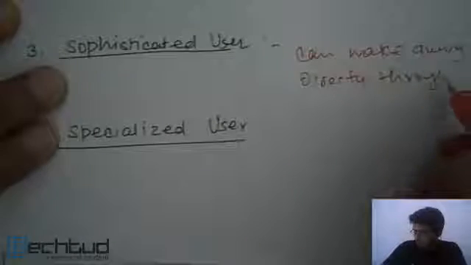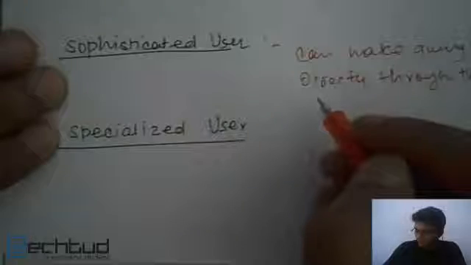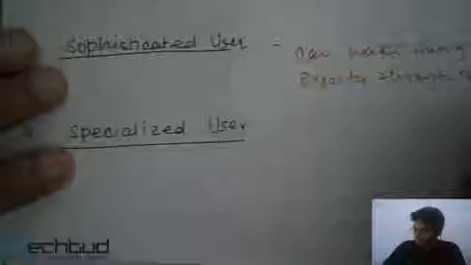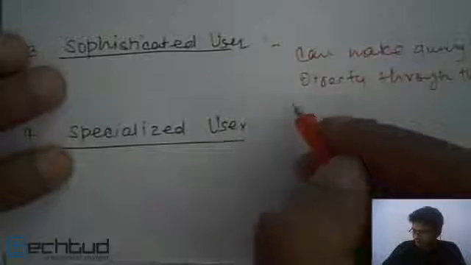Now another one is the sophisticated user. This kind of user can make queries directly through an interface, like a query processor.